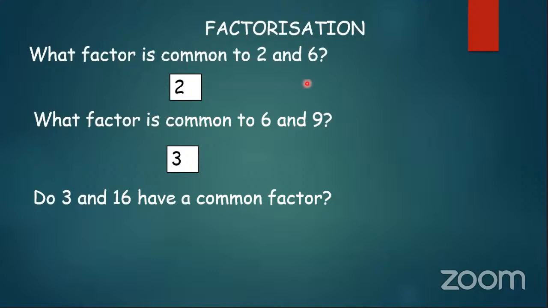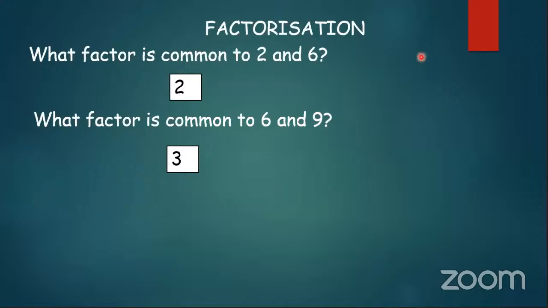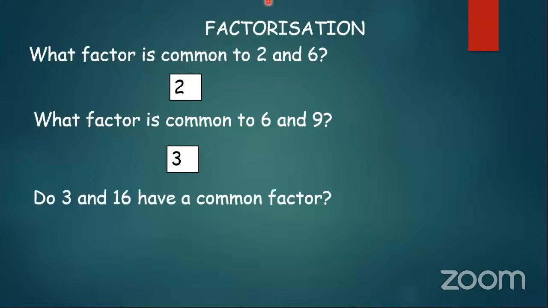Let me wait for answers from some other people. Your suggestions, others? So it is a no. It has 1. No, we don't consider 1 to be a common factor, because 1 is common to every number.